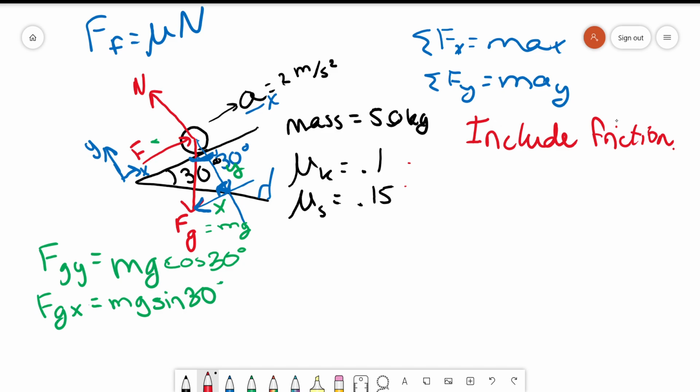That's what the K and the S stand for. So now we have one more force right there, the force of friction. Being pushed, it's always going to resist movement, so since our ball is going up the hill, our force of friction is going to make it not want to go up the hill, if that makes sense.